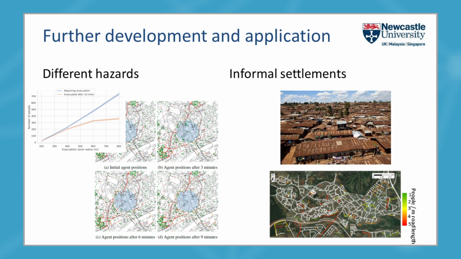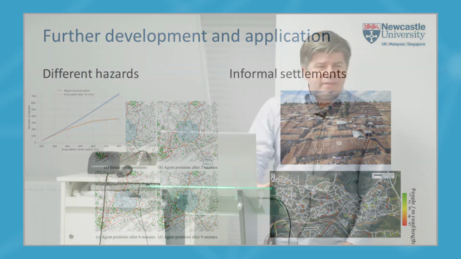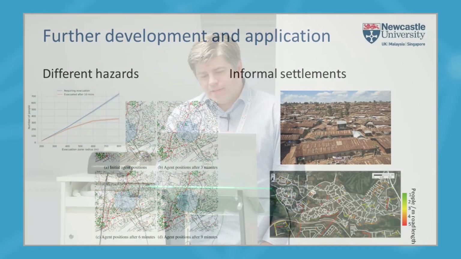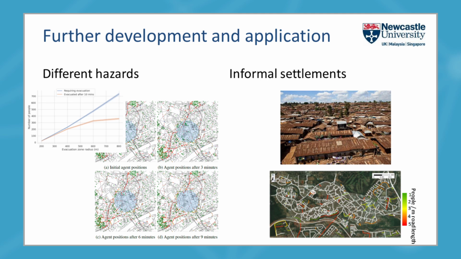And this is an application in Nairobi in Kenya with quite different context, quite different sorts of challenges. But we're still able, albeit with probably even more caveats than applying this in Wales, to get out some useful insights into vulnerable locations and areas where congestion is more likely to occur during extreme weather and evacuations.